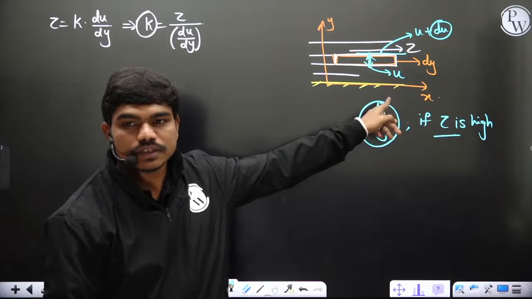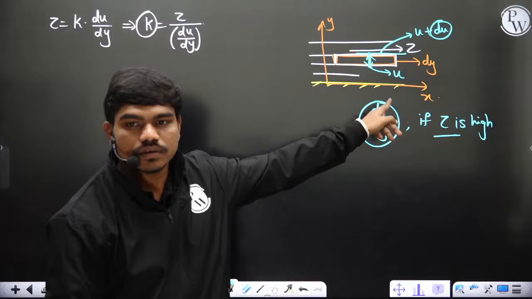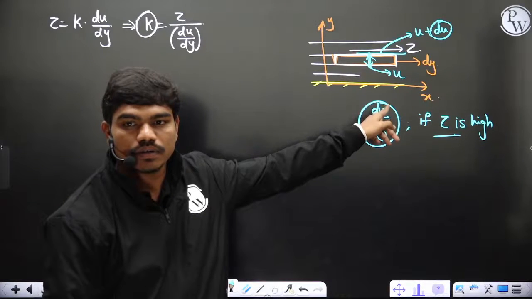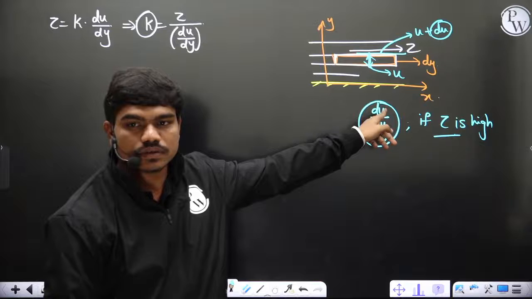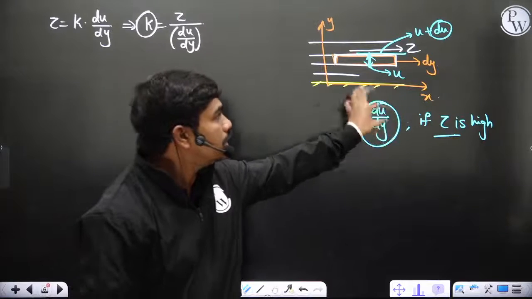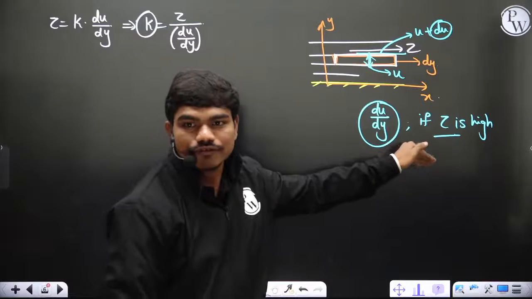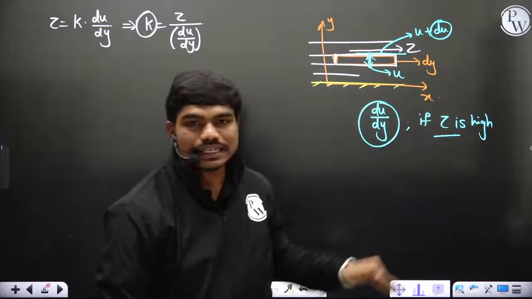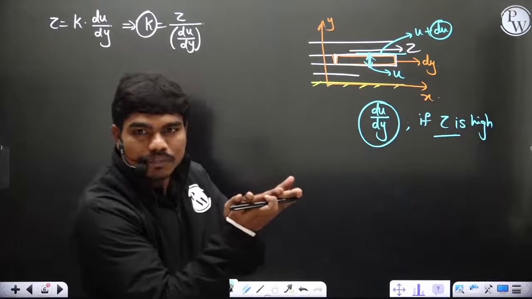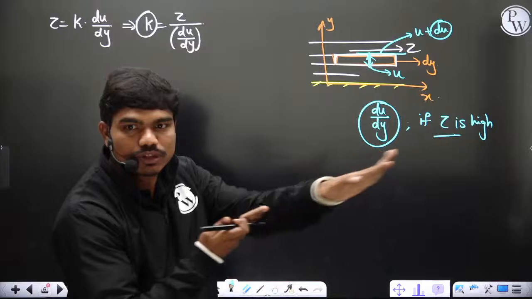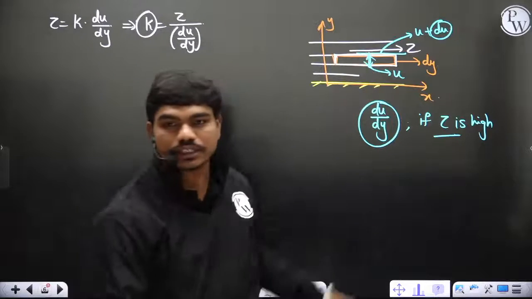Can anyone tell me that if tau is high, that means I feel it is very difficult to move the layers with respect to each other. Yes or no?